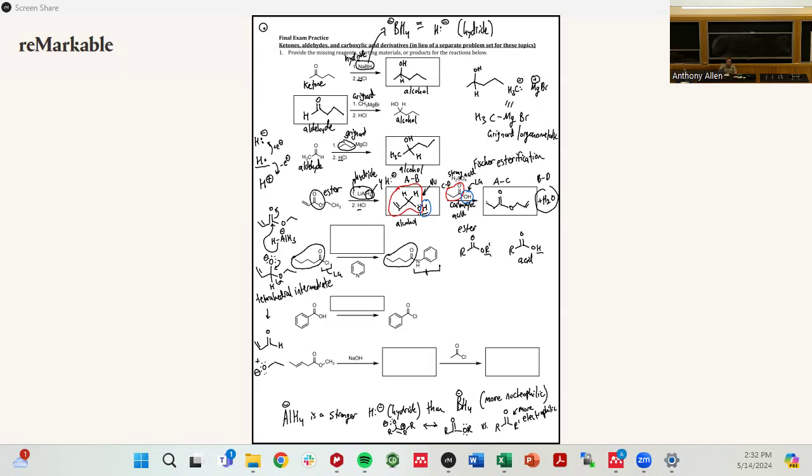The electrophile. So think about SN1 and SN2, right? So an SN2 reaction with iodide, that is your leaving group. What is the carbon that's bonded to the leaving group? That's the electrophilic carbon.